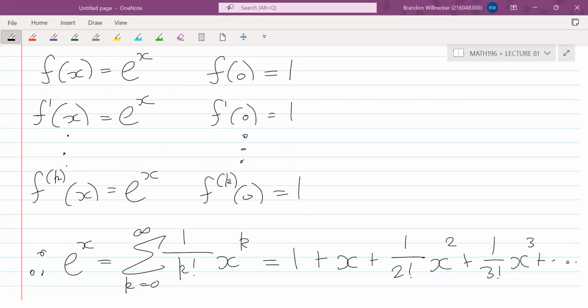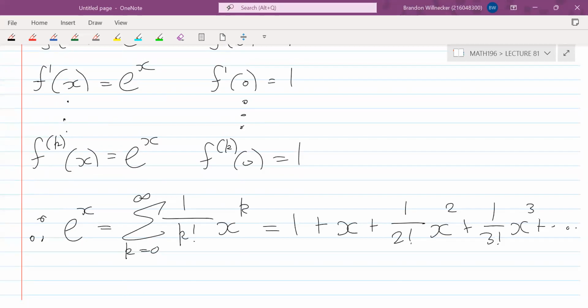Okay, and just a note about convergence, you can check this, that if you substitute any value of x, the right-hand side, this infinite series, will converge to the left-hand side. Okay, so we won't show this as a formal proof, but you can check.